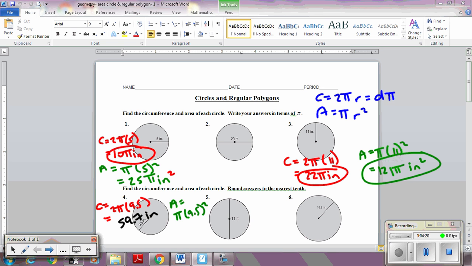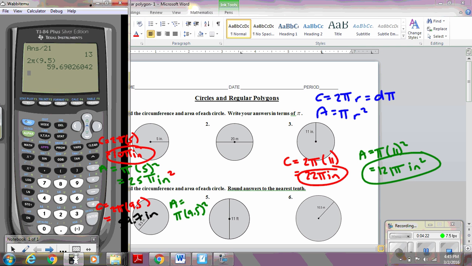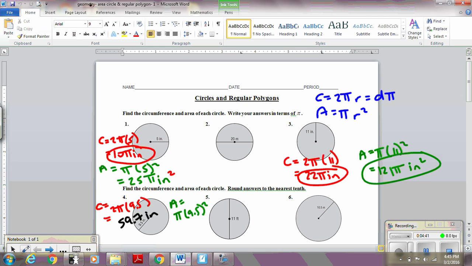So when you grab your calculator, you're going to hit pi, open parentheses, say 9.5 squared. And you get about 283.5. And it's still inches, but squared.